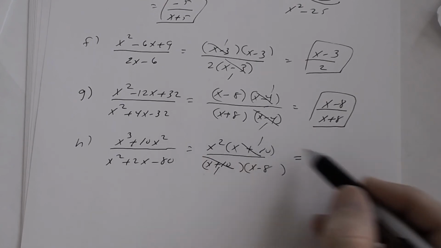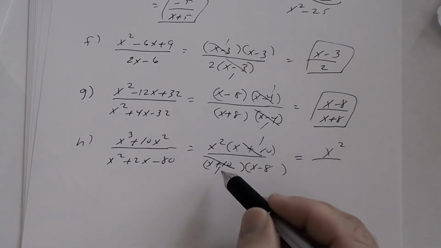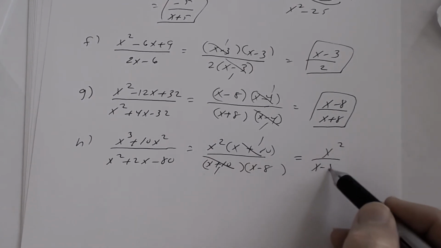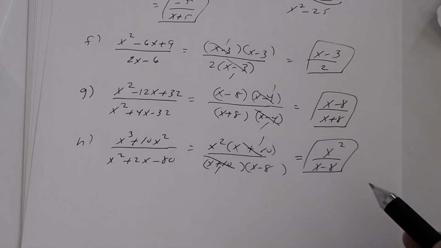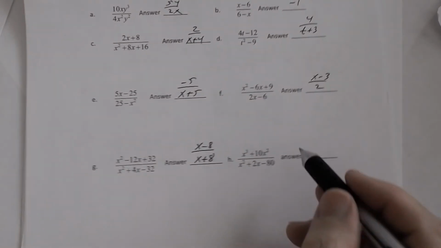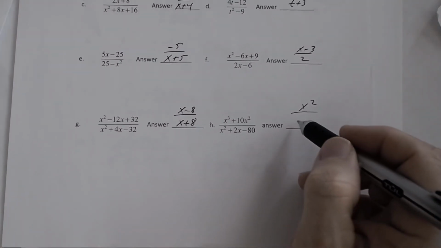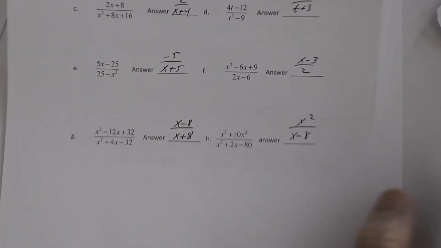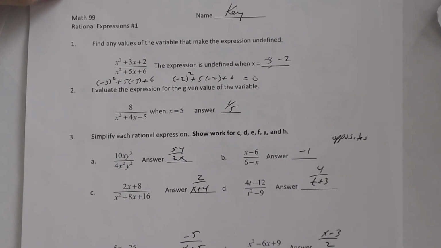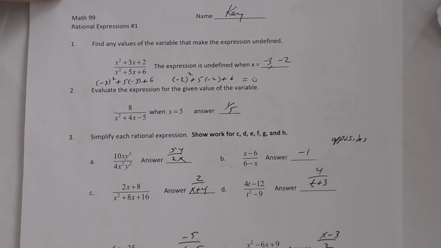So I get x squared times 1 is x squared, divided by 1 times x minus 8 is x minus 8. And there's your answer. So the answer to letter H is x squared divided by x minus 8. All right, and so that was the key to rational expressions number 1.